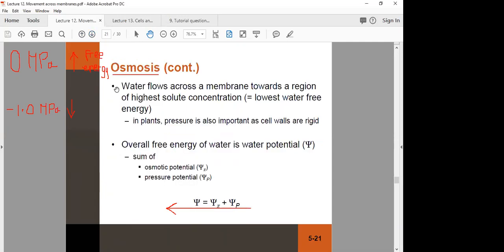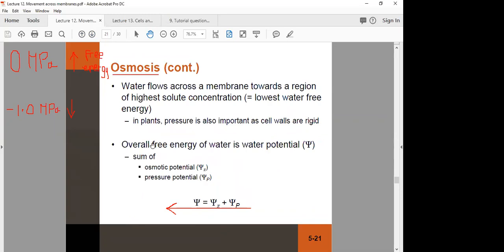That's summarised here. Water will flow across a membrane towards a region of higher solute concentration, which is the same as saying the lowest water free energy. In plants, as I said earlier, pressure is also important, and we'll illustrate that in just a moment.